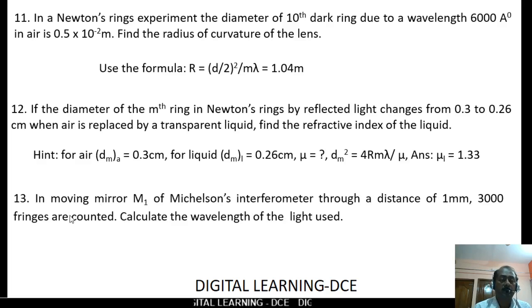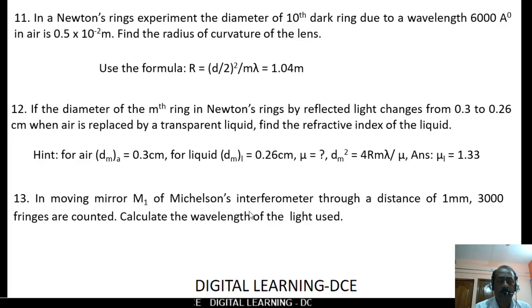Next problem is, in moving mirror M1 of Michelson's interferometer through a distance of 1 mm, 3000 fringes are counted. Calculate the wavelength of the light used. On reading this problem, you can easily identify on what phenomena the problem is based.